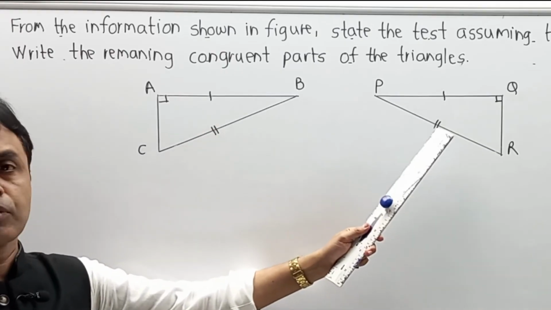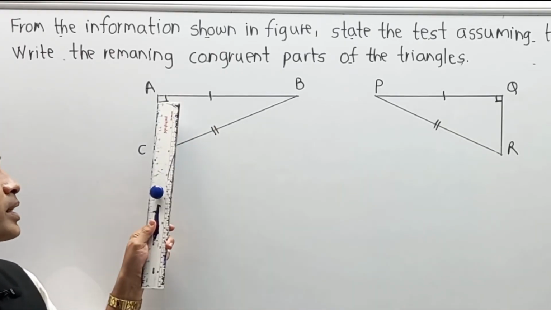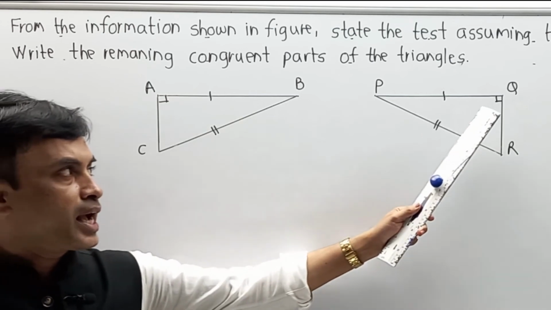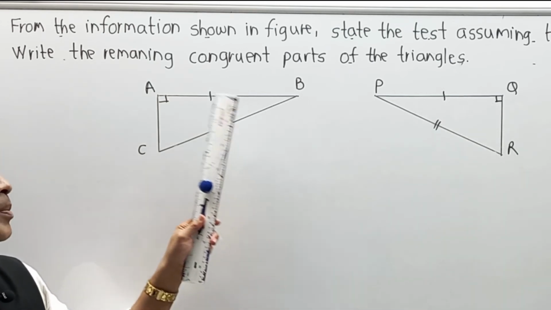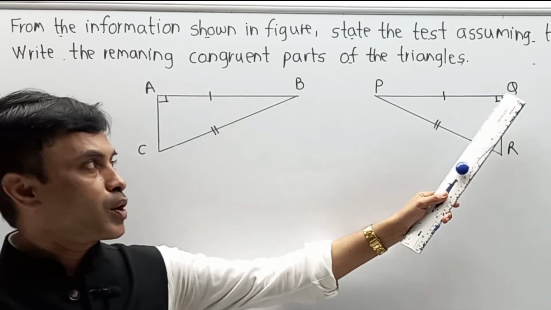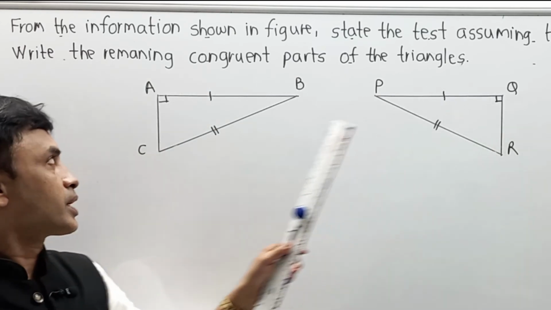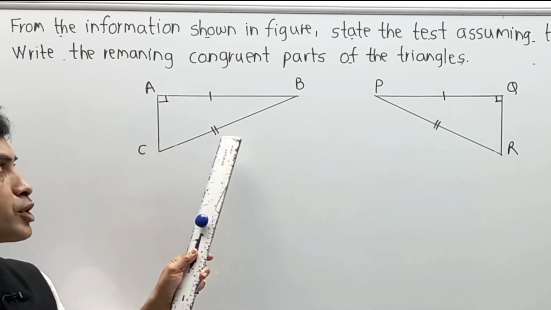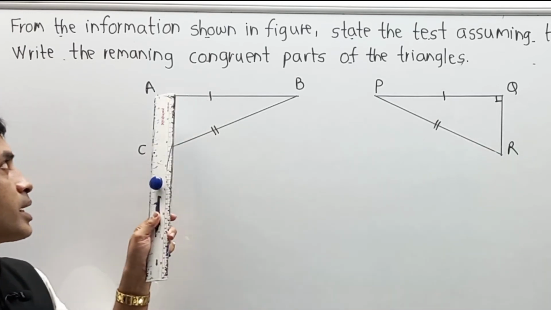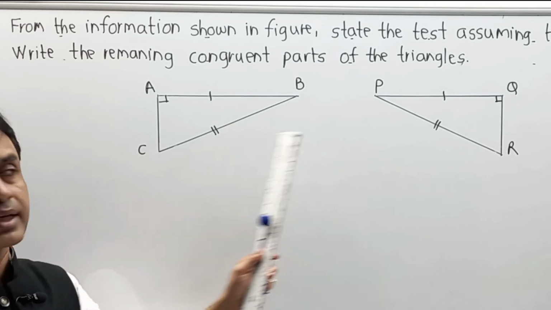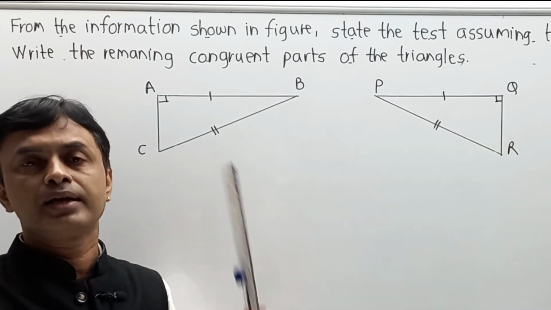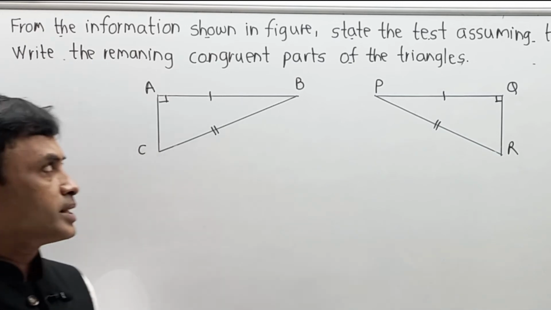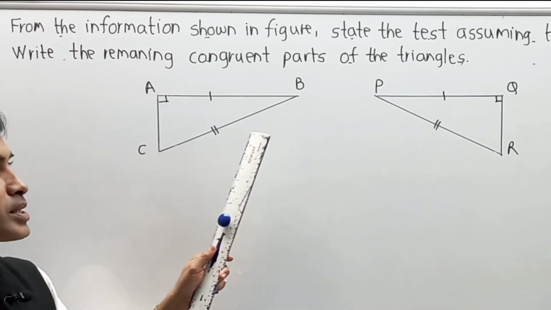Now they have given a diagram over here. Observing one by one, they have given angle A as 90, angle Q as 90. Next, as per the marking, AB is congruent to QP. And the next part, opposite to 90, hypotenuse BC is congruent to hypotenuse PR, because they have given a double mark. Now, one by one, try to understand.